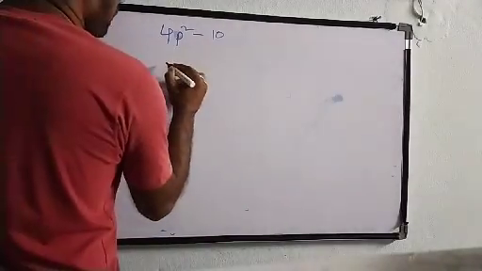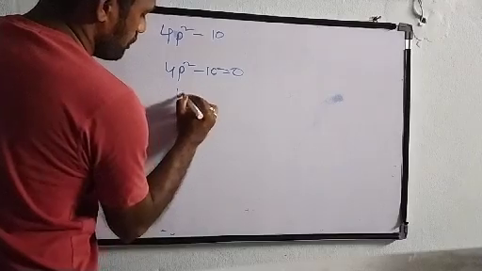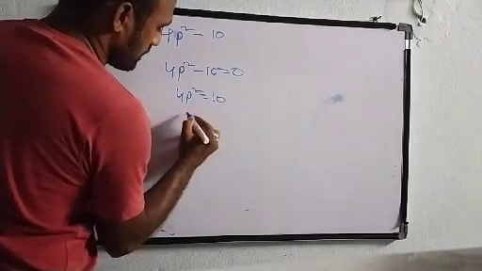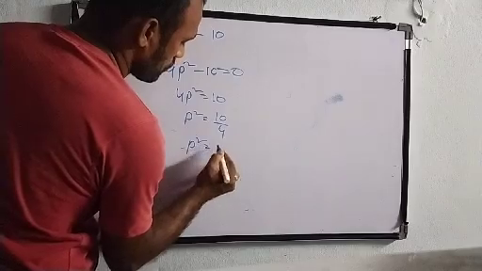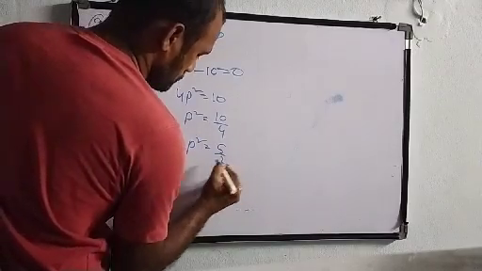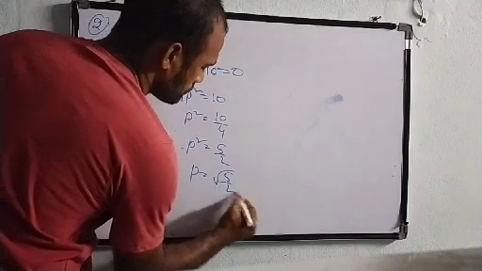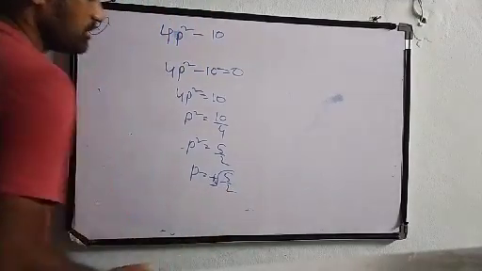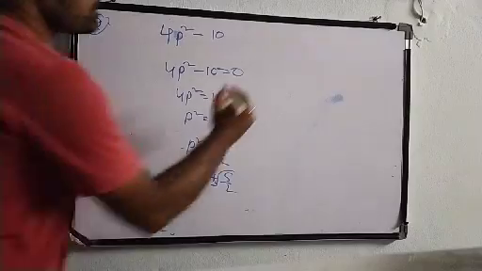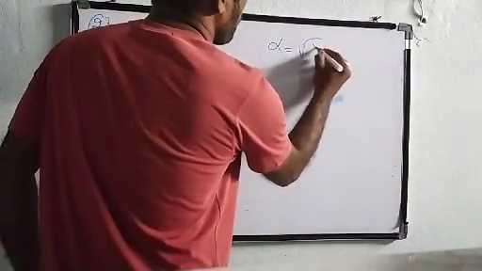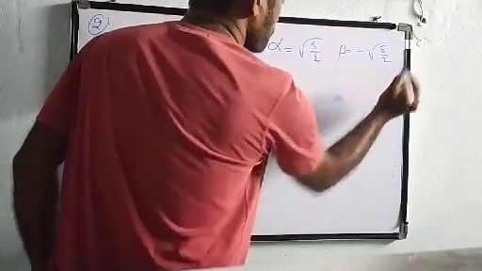So for the given polynomial we can write 4p square minus 10 is equal to 0, 4p square is equal to 10, p square is equal to 10 by 4, so p square is equal to 5 by 2. So p is equal to plus or minus root of 5 by 2. Make sure that if I transpose the square to the other side it will become plus or minus. So alpha will be root 5 by 2, beta will be minus root 5 by 2.